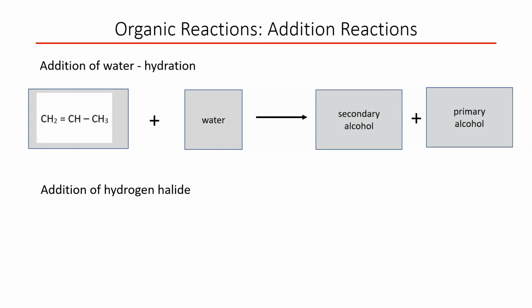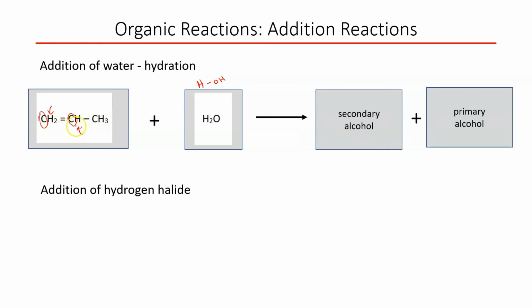So for example, if I have my propene, then I have two carbons involved in my double bond that have different numbers of hydrogen. So this one has one hydrogen and this one has two. And so as a result, when my water breaks up and is added to this, and remember we can think of water as HOH, one of these carbons will get the hydrogen and one of them will get the OH, or it could be the other way around.